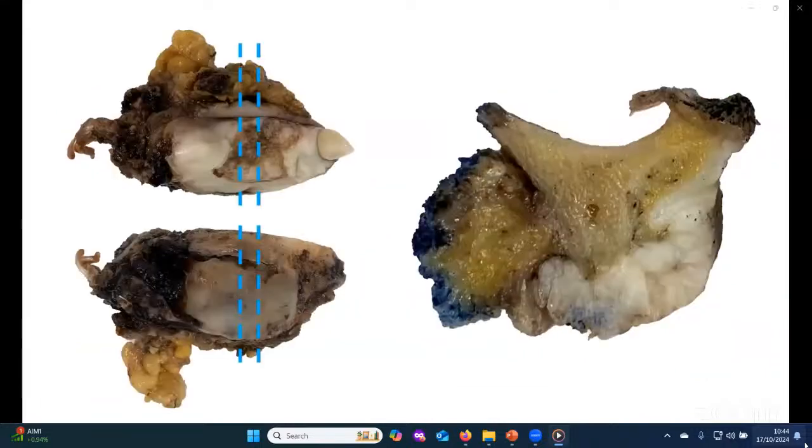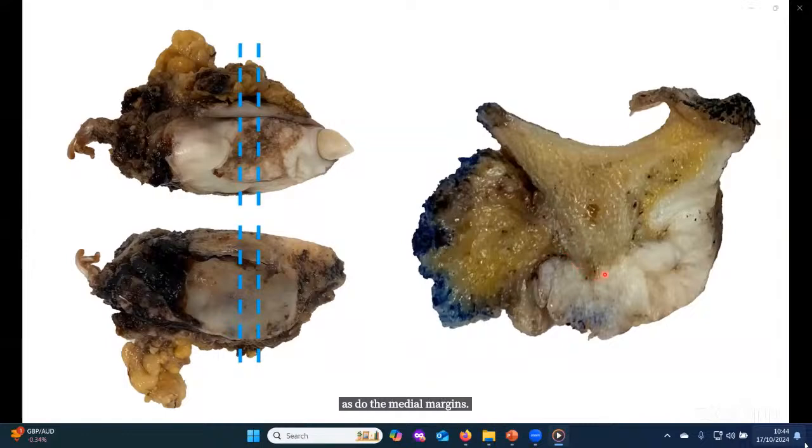Higher power view, once again the tumour is involving the buccal sulcus and extending onto the alveolar ridge, onto the palate. You will see the antrum itself is normal, the bony margins are clear, the lateral margins also appear clear, as do the medial margins.